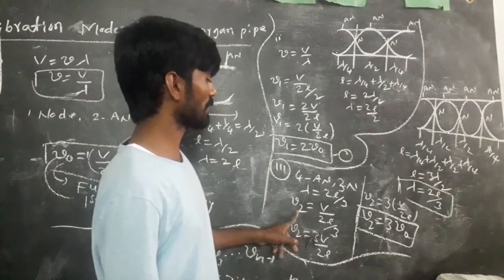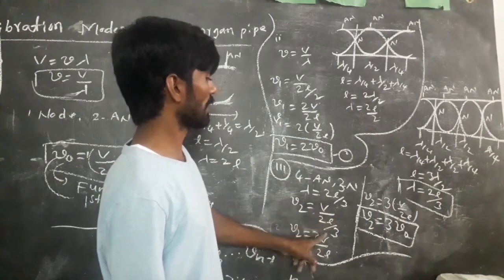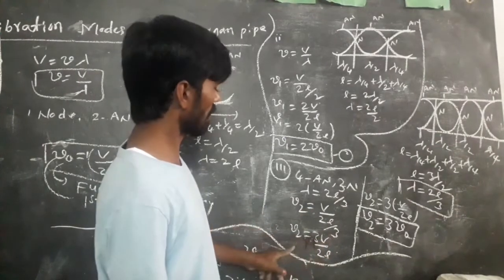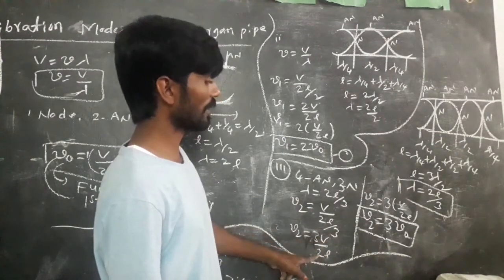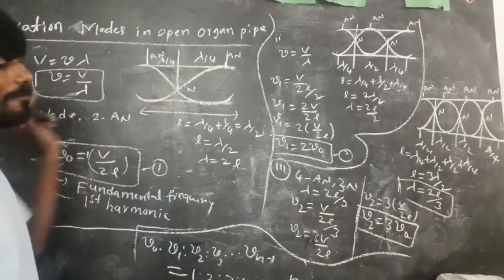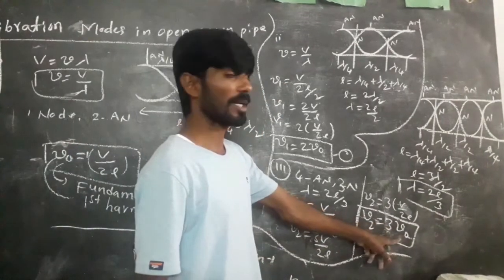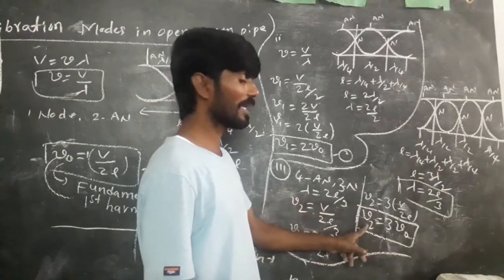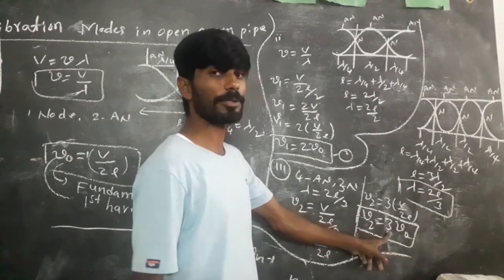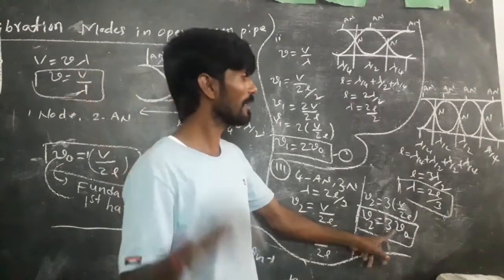For the second overtone, ν2 = v/λ with λ = 2L/3. So ν2 = 3v/2L, which is 3 times v/2L. V/2L is the fundamental frequency, so ν2 = 3ν0. If you take the second overtone, that is the third harmonic.